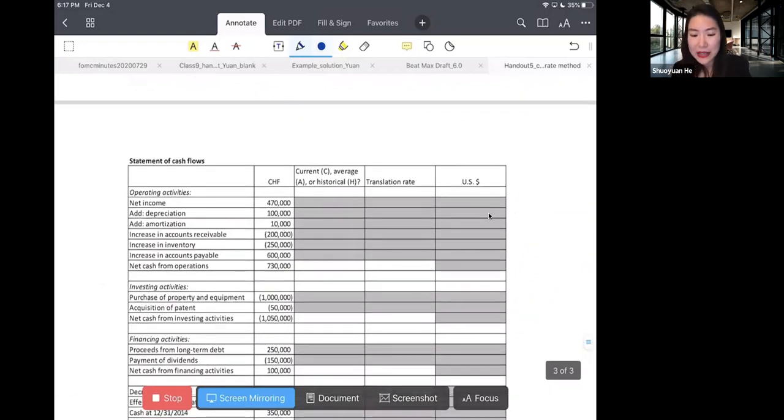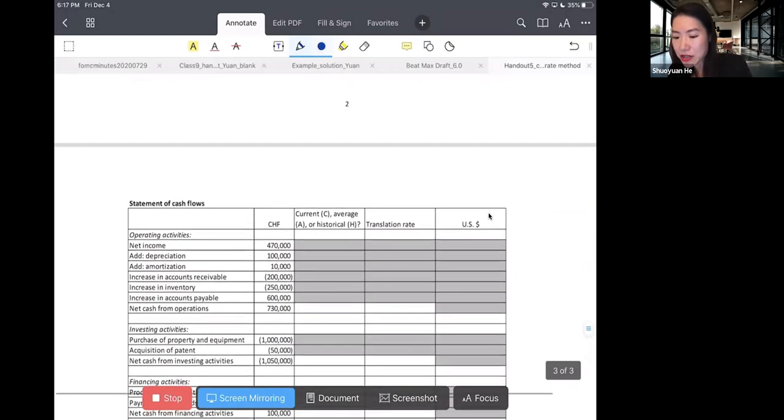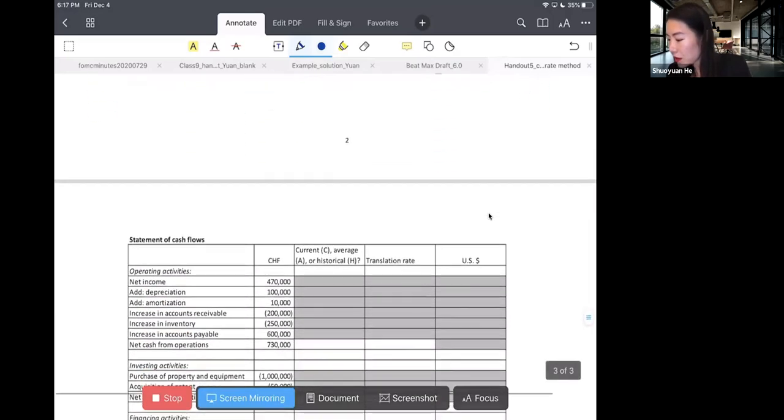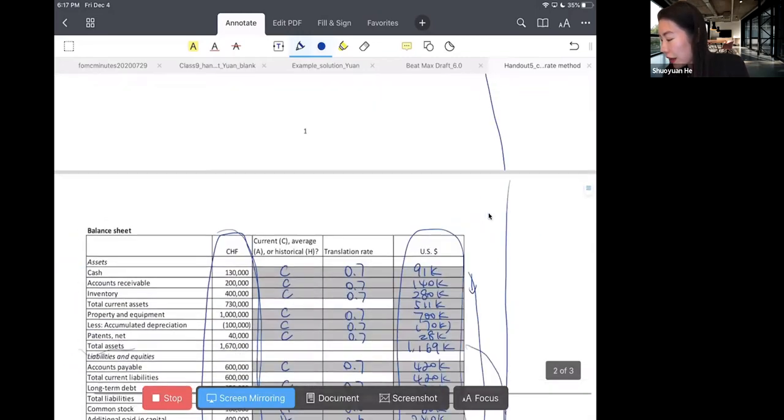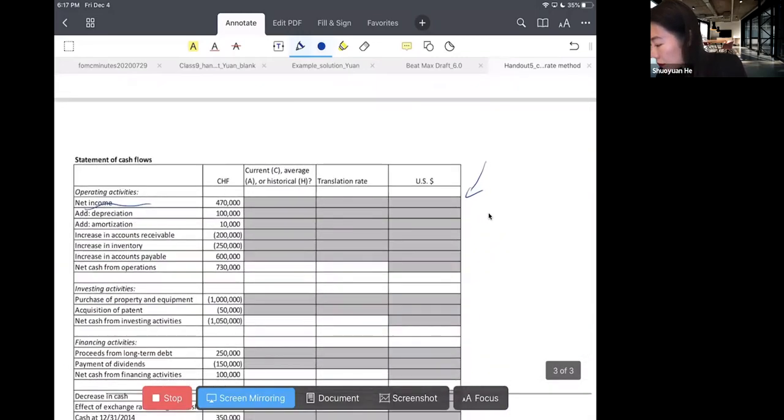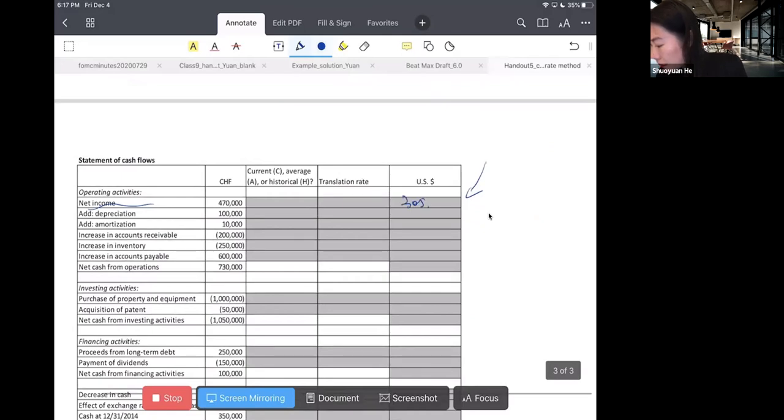So that is the balance sheet. And then let's look at the cash flow statement. In the cash flow statement, net income is carried over from your income statement, which is 305.5. Because we have used the average rate for all of the items on our income statement, it is the same as applying the average rate to your net income under the local currency.